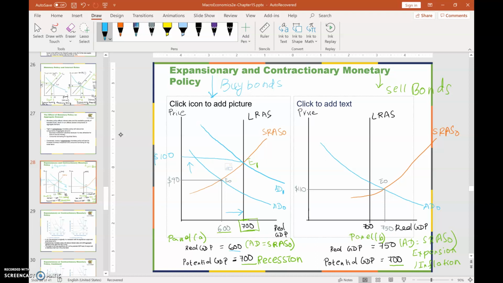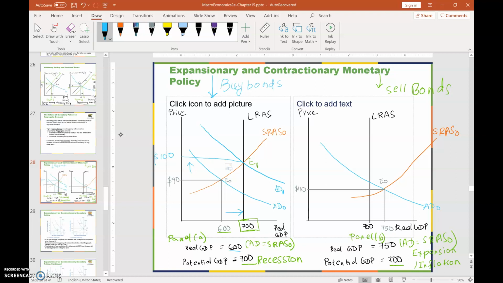Because the real gross domestic product is greater than the potential gross domestic product, the economy is going through an expansion or an inflation. So the Fed can use any of the monetary policy tools, including open market operations, where the Fed can sell bonds.